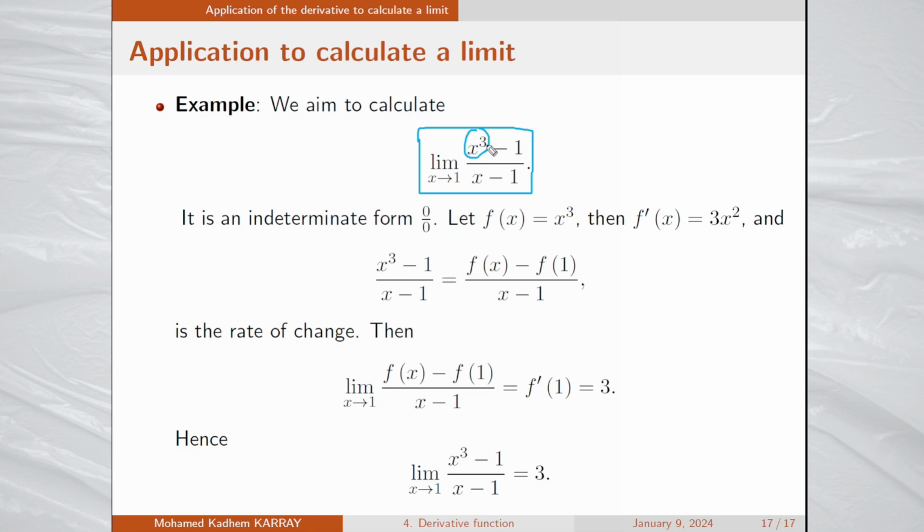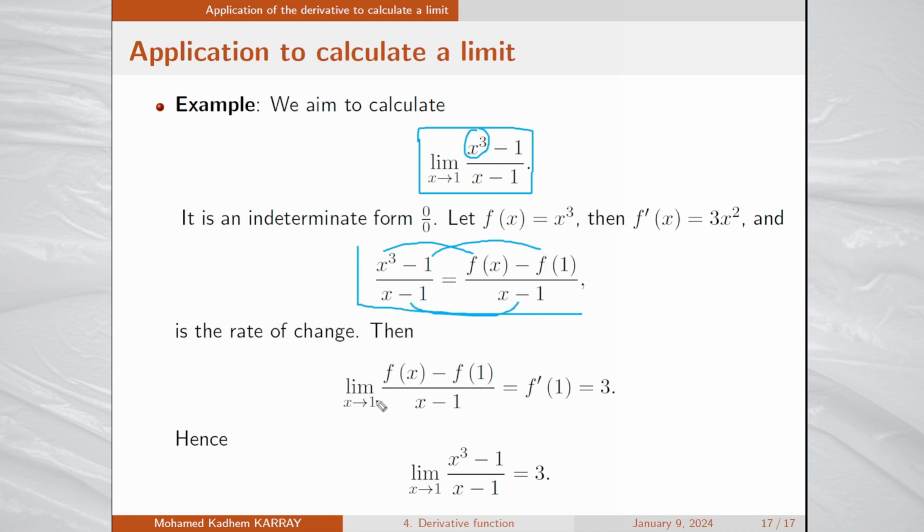Observe that this quantity here may be viewed as a rate of change, and this is the fundamental point. So this ratio may be seen as f of x minus f of 1 divided by x minus 1. And this is precisely a rate of change.